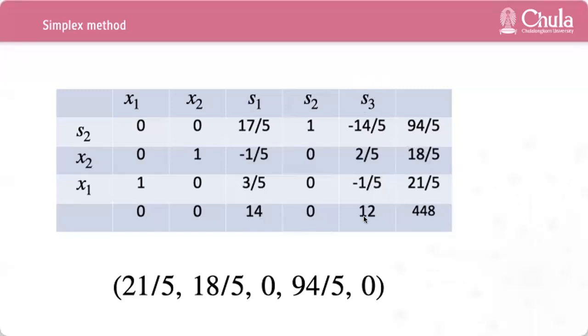Okay, and S3 too. If we allow S3 to change from 0 to 1, we lose on the objective function by 13, right? Because the value of objective function will be increased instead of decreased. Okay, any questions?